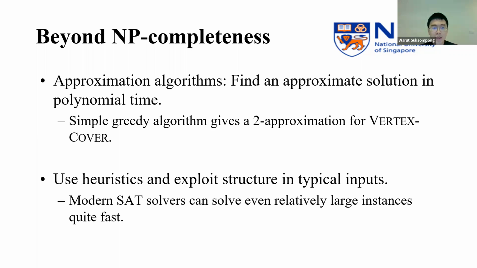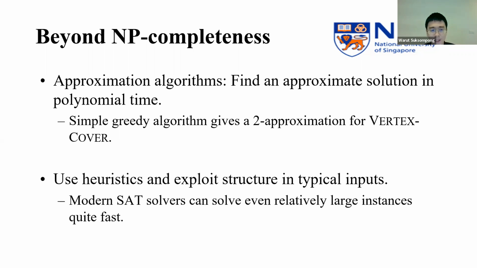Another way people deal with NP completeness is to use heuristics and exploit structure in typical inputs. One classic example of this is SAT, not just 3-SAT, but 4 or 5 or larger, where each clause could contain many literals. SAT with 3 literals per clause or more is already an NP-complete problem, so you shouldn't hope to solve every instance in polytime.